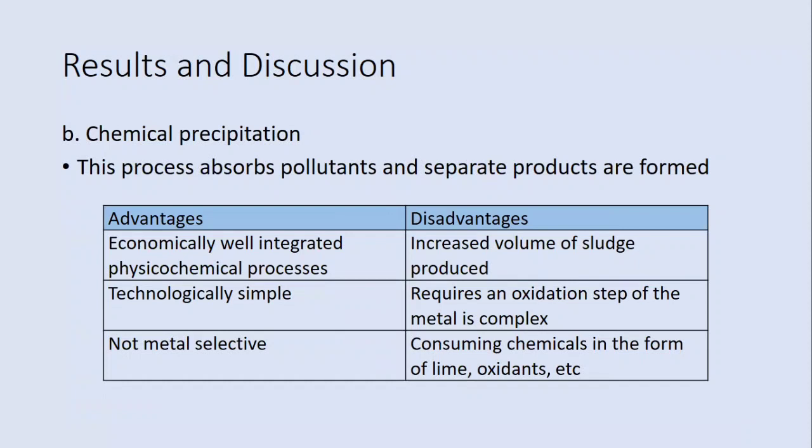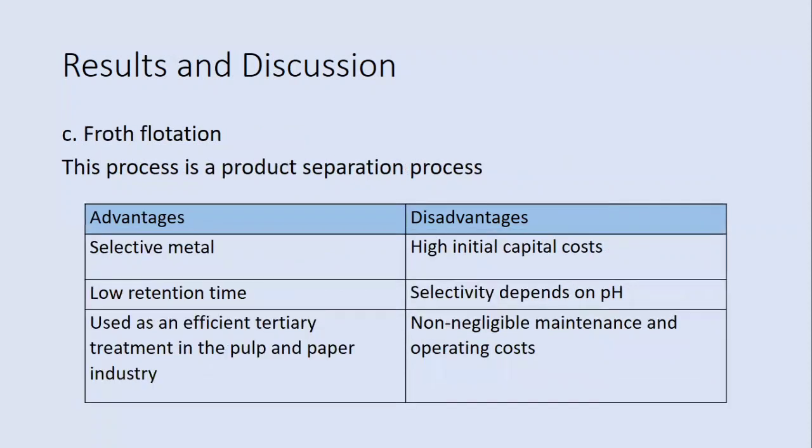The disadvantages of chemical precipitation: there is increased volume of sludge produced, it requires an oxidation step, the metal is complex, and it consumes chemicals in the form of lime, oxidants, etc.